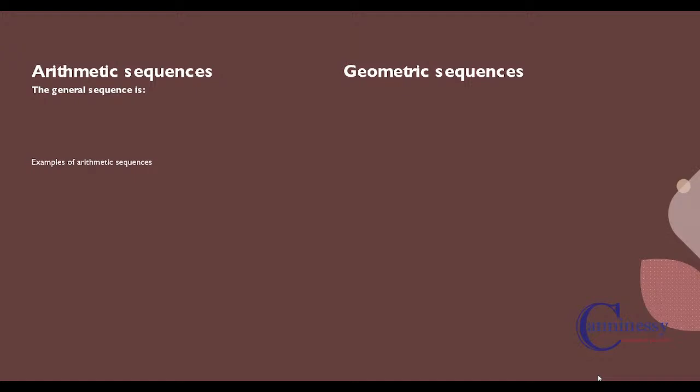The general sequence is a, that is T1, a plus d is T2, a plus 2d is T3, a plus 3d is T4. a is the first term and d is the common difference.